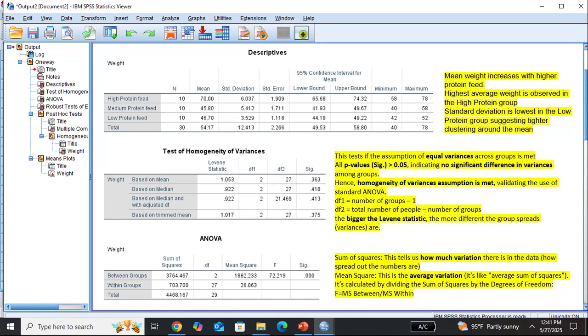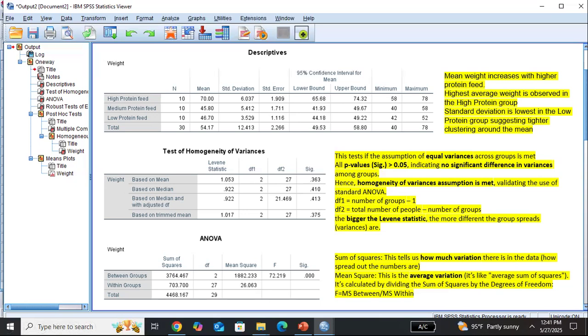Then the second thing is you have to see the tests of homogeneity of variances. This tests whether the assumption of equal variances across the groups is met or not. If you remember the independent sample t-test, there was also a Levene's test first of all. Here again there is a Levene's test, and across mean, median, and all values it is showing greater than 0.05.